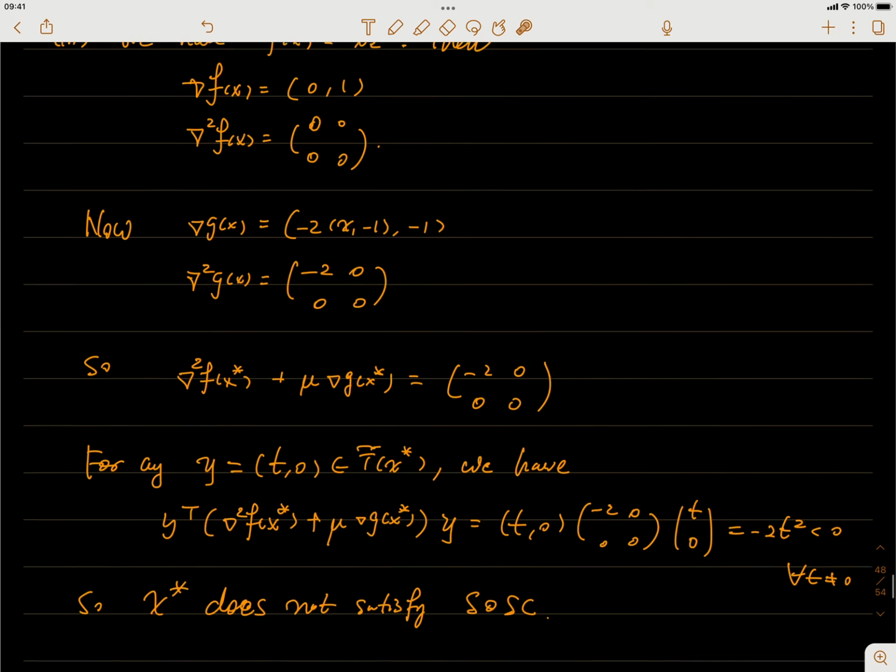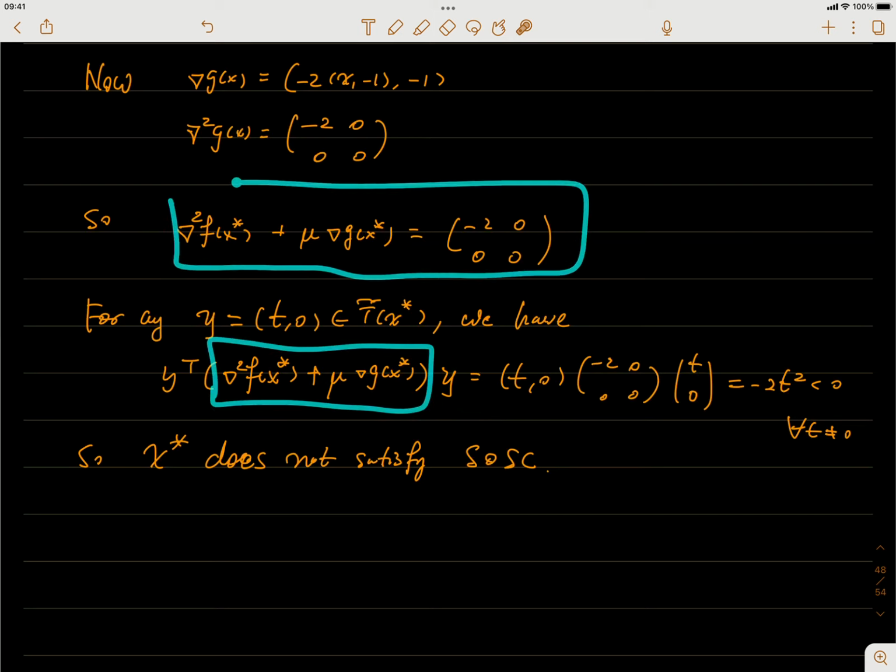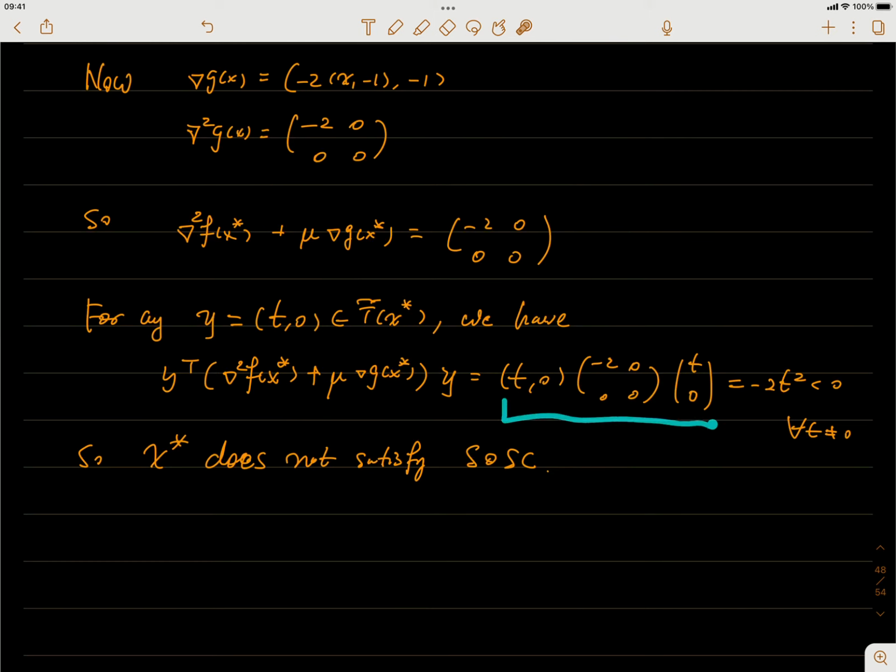Now we can see that for any vector y in this T tilde, y has to be of the form (t, 0), for some t. For any such vector, we calculate y transpose times this weighted sum, just plugging in y and the matrix inside.